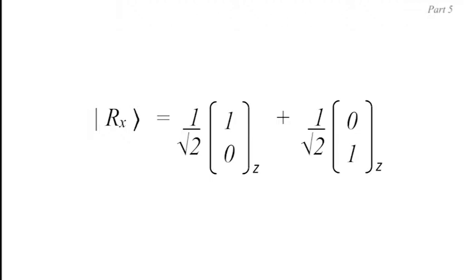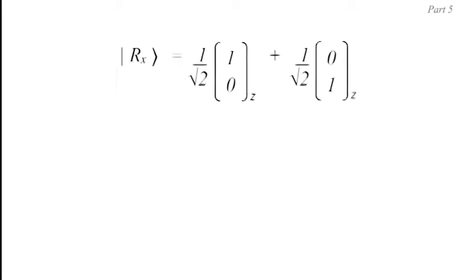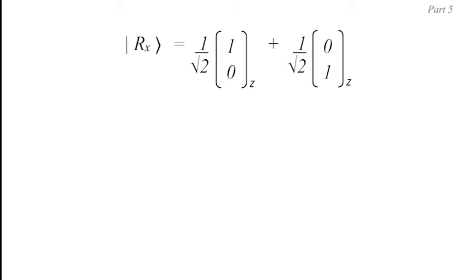All I can say for the moment is that this is correct, so you need to stick with me for the moment. It will seem more reasonable later, I think, as we investigate things. Let me also write it in a different way before we move on. I think you can see that these two vectors could be written as up and down in our z system, so that the state vector for the spin definitely pointing to the right in the x direction could also be written like this.